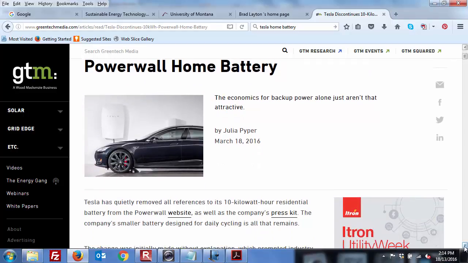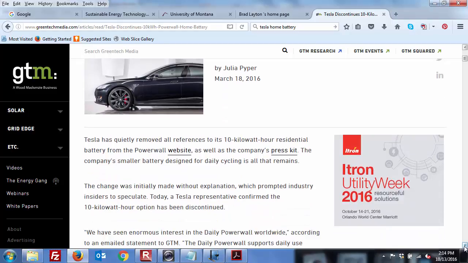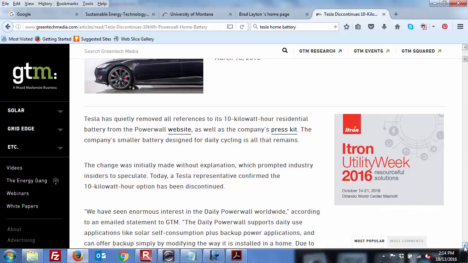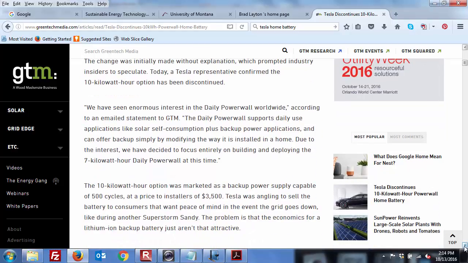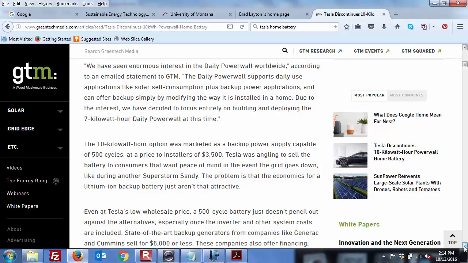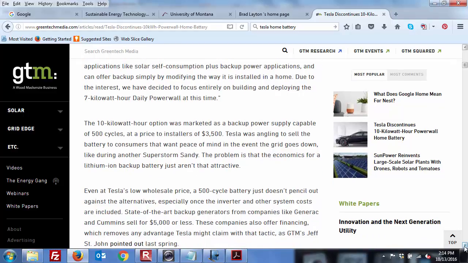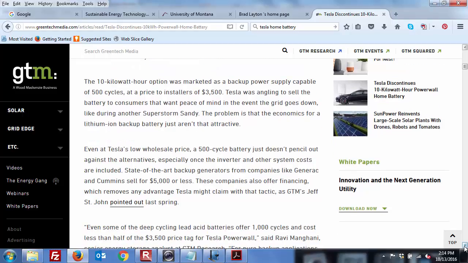Let's see what this comes up with. Okay, so there's something for daily cycling. They've just downsized.